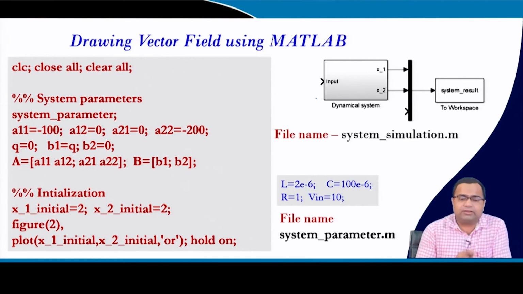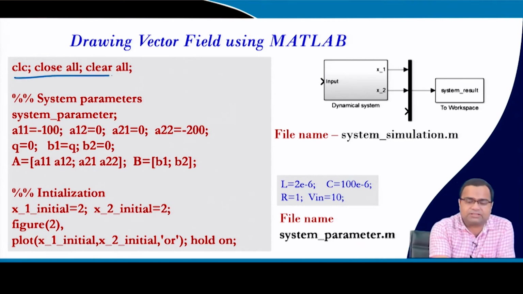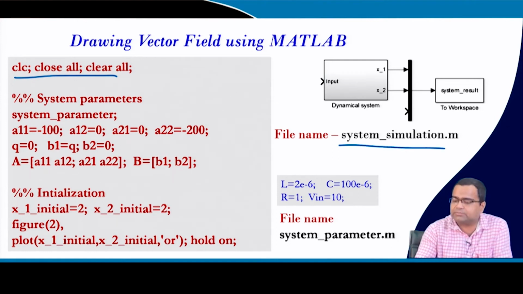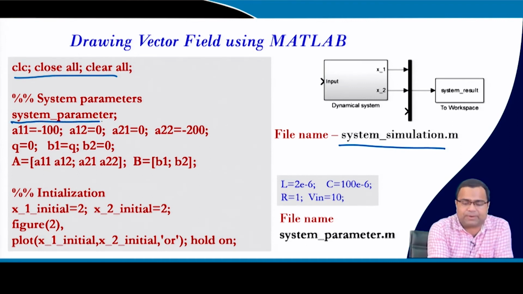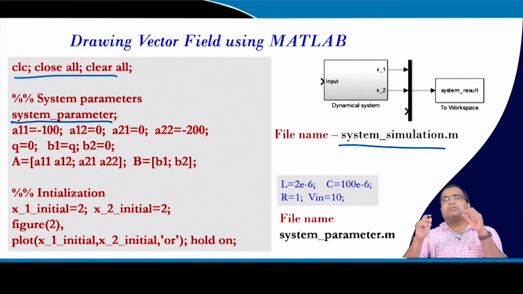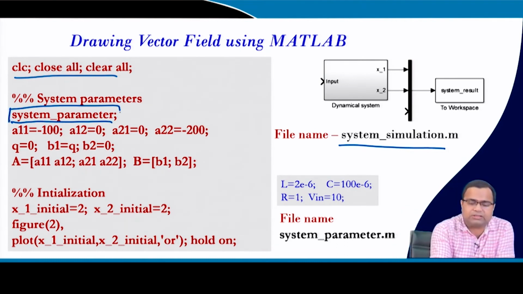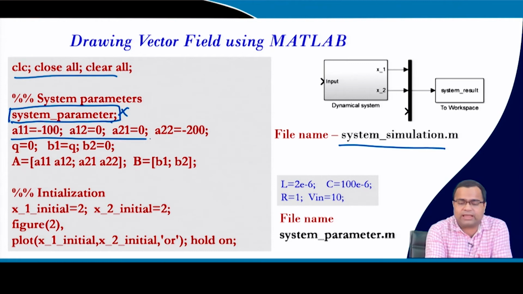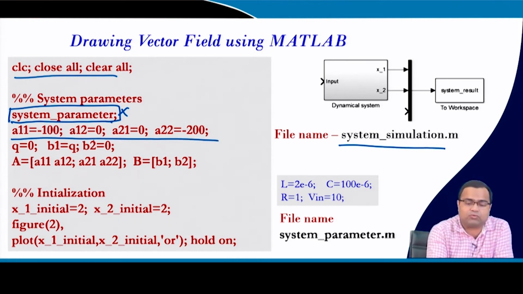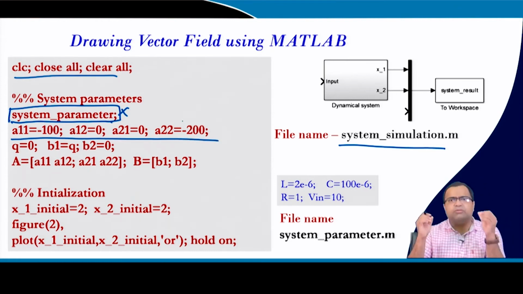Then, in order to draw the vector field, I have just created one .m file, system simulation dot m, and it will ask for system parameters. Although I am not giving any parameter, this is used if I want to incorporate a DC-DC converter model. For the time being you can ignore this, because in this particular lecture we are not calling these parameters; we are writing all the A11, A12, A21, A22 by numerical value.